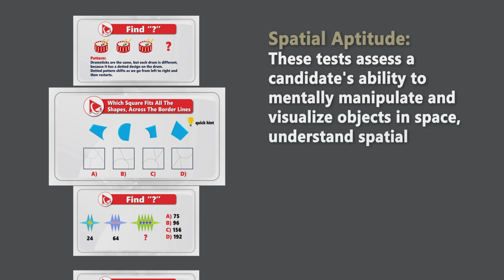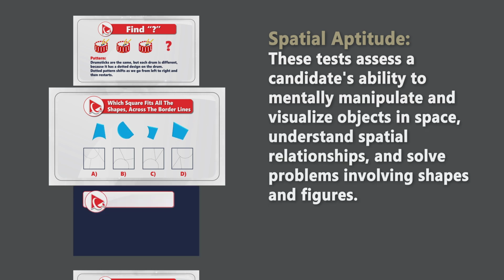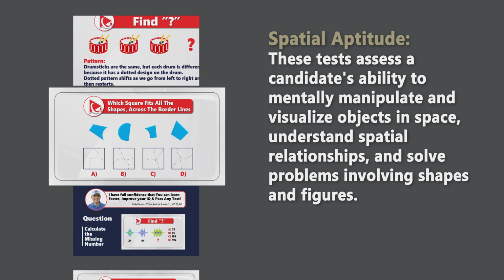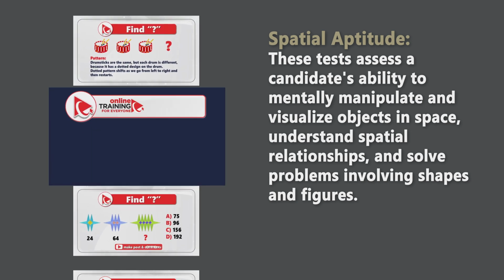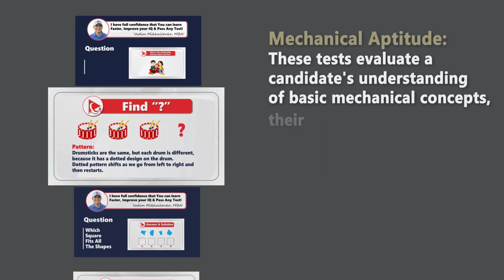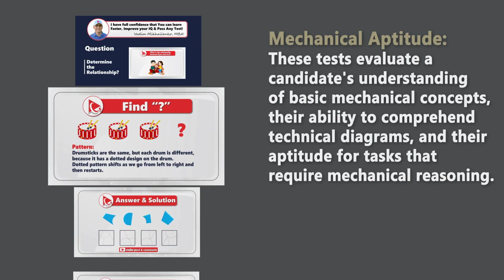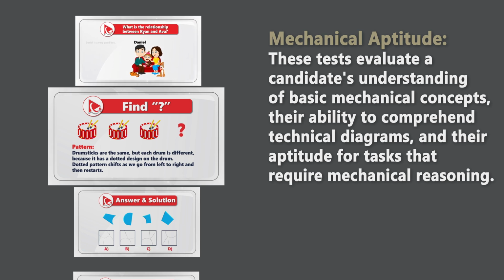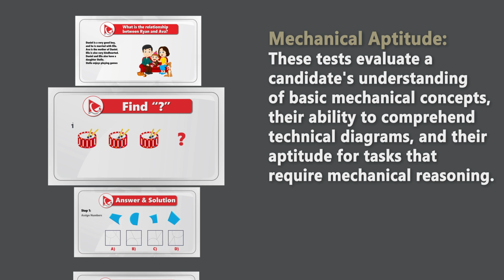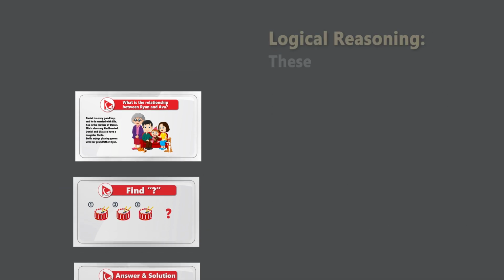Spatial aptitude questions assess candidates' ability to mentally manipulate and visualize objects in space, understand spatial relationships, and solve problems involving shapes and figures. Mechanical aptitude questions evaluate candidates' understanding of basic mechanical concepts, the ability to comprehend technical diagrams, and their aptitude for tasks that require mechanical reasoning.